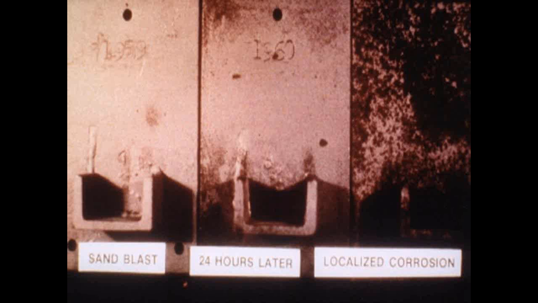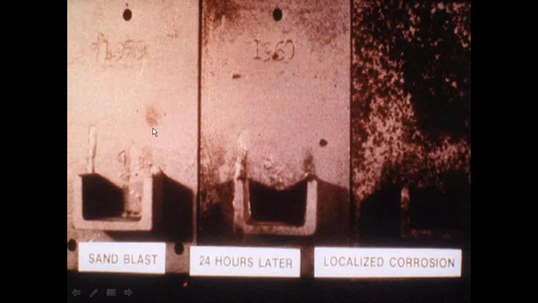You can see 24 hours later, over here on the left-hand one, this little spot, if you actually looked at the original coupon that they photographed, this is a fingerprint. Somebody picked that panel up and they touched it with their thumb, and just the salts from their touching it was enough to have rust 24 hours later.